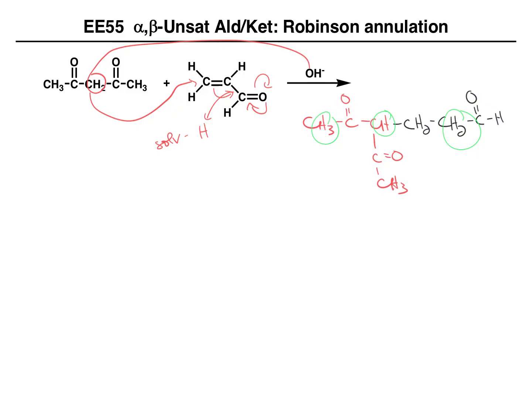So if the base pulls off one of these protons, then we get a new enolate. So we have this, which is connected here.